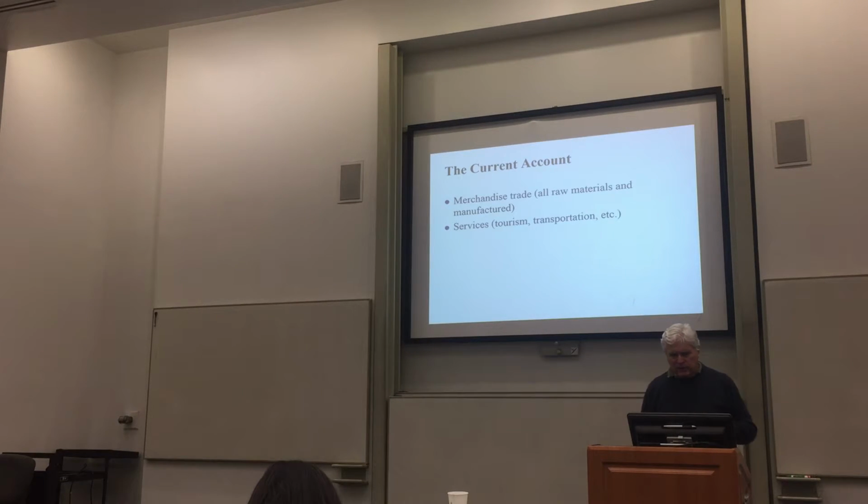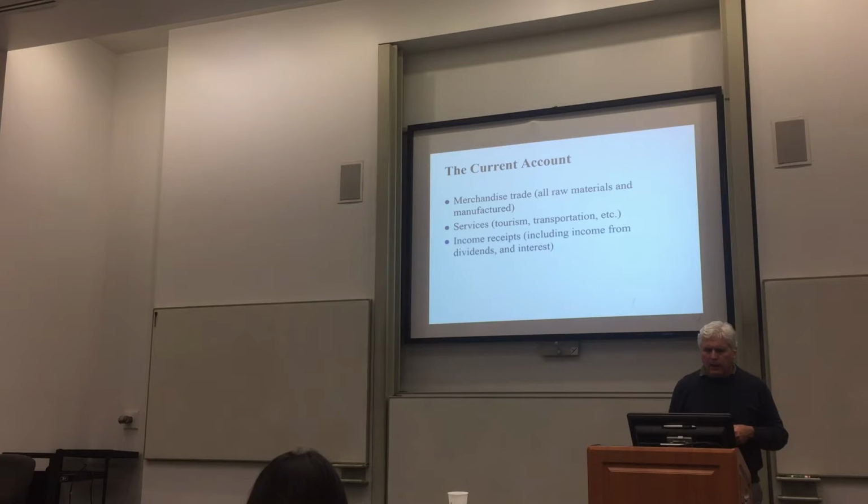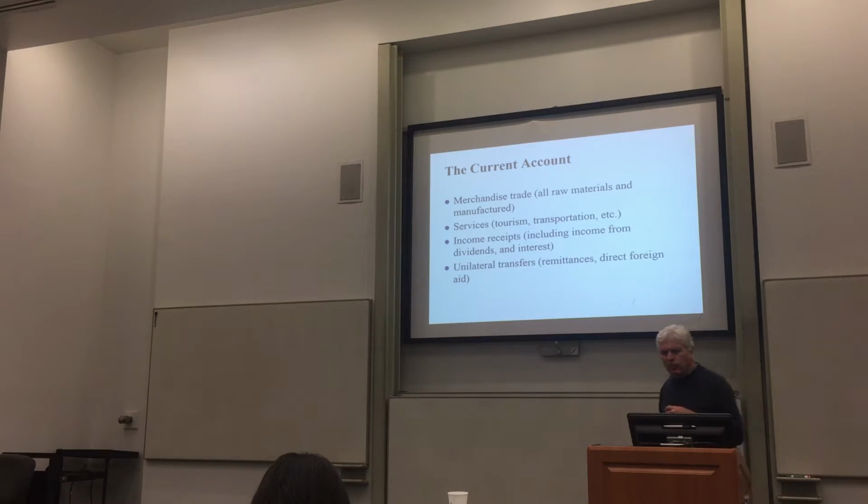That will be counted as if it's imported. Transportation and so forth. Okay. The current account also includes, this seems somewhat mysterious, but I've got a little example here, income receipts, which includes dividends and interest. And then the last thing, which turns out to be important, is unilateral transfers.